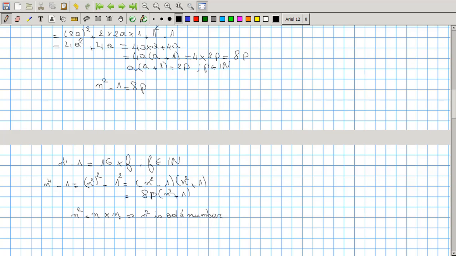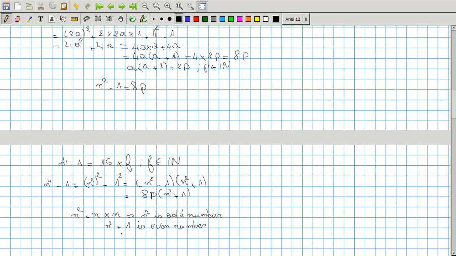Odd times odd gives odd. So n square plus 1 is an even number. Odd number plus odd number gives an even number.